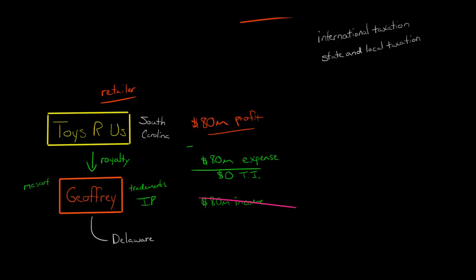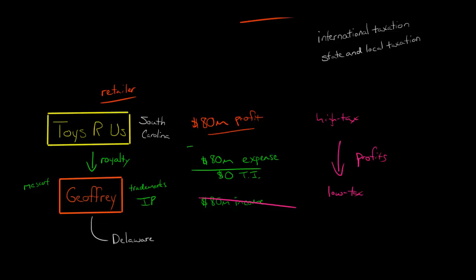Basically, I think this is a simple example to show you how you could avoid tax. Instead of thinking about South Carolina and Delaware, think about the United States and Ireland or something. Think about different jurisdictions where you have the low tax jurisdiction and the high tax jurisdiction, and you're trying to shift profits to the low tax jurisdiction.